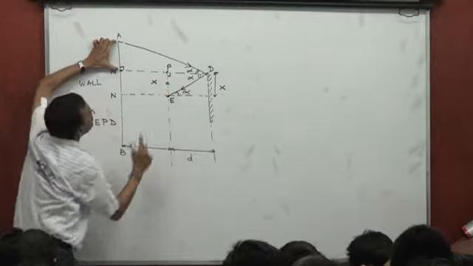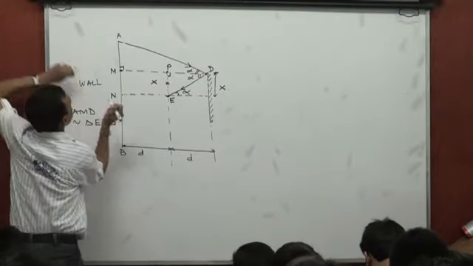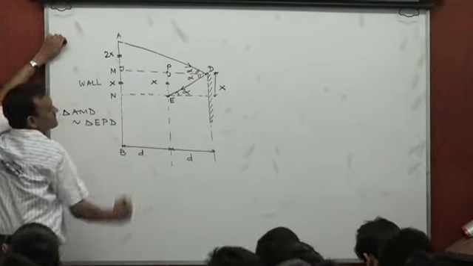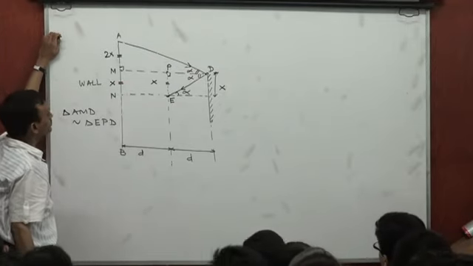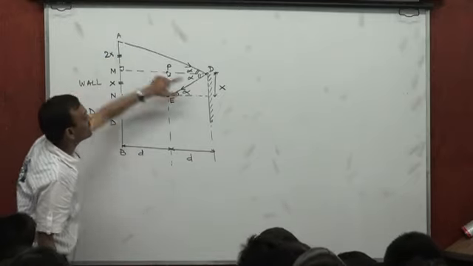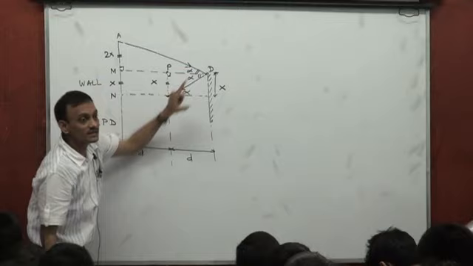So if this is x, this must be 2x. AM is 2x, this is x, right? So then NA is 3x. NA is 3 times x.